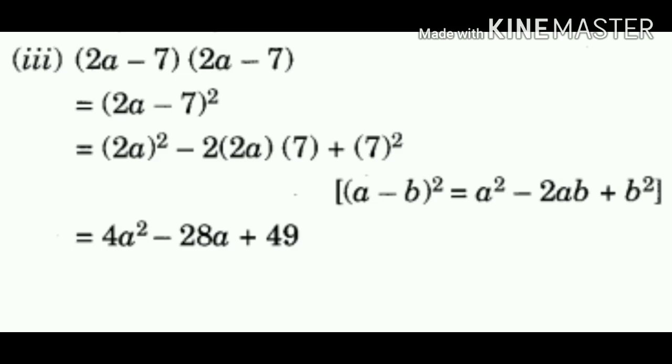By substituting a as 2a and b as 7, we get (2a) whole square minus 2 times of 2a into 7 plus 7 square. On simplifying this, we get 4a square minus 2 into 7. 2 2's 4, 4 7's 28a plus 7 square, which is 7 into 7, that gives us 49.